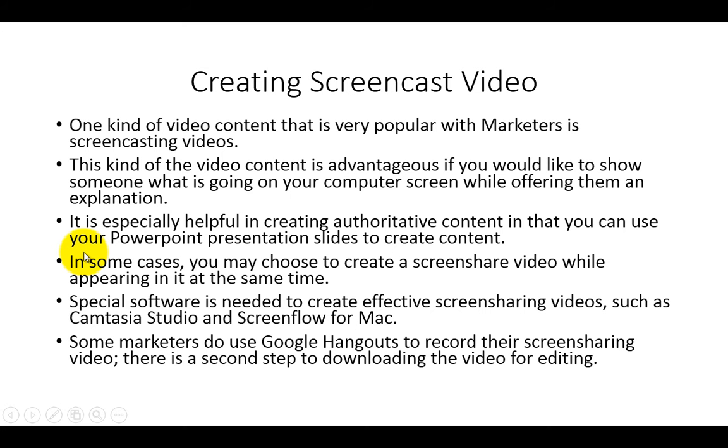Now, one thing to be aware of is that some marketers are actually using Google Hangouts to record their screen sharing videos. And when you do that, what you need to be aware of is that there is a second step. You are going to need to download that video from YouTube, and then you'll need to edit it either in YouTube or in some other program. But the screen sharing function is available inside of Google Hangouts.